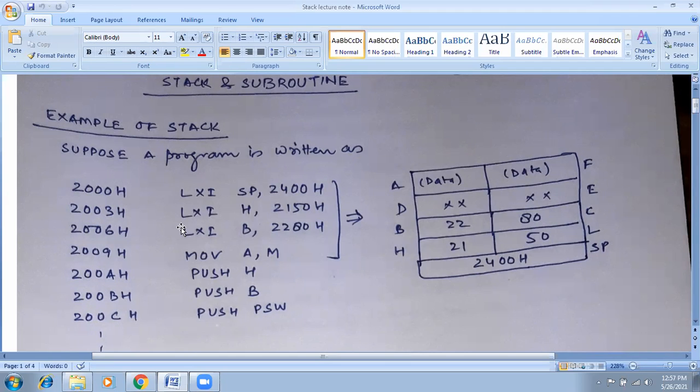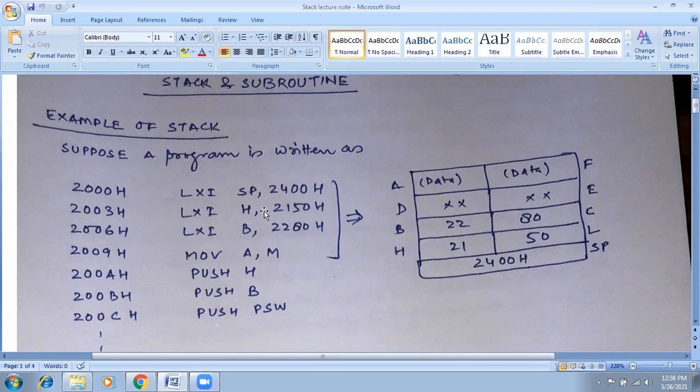The next instruction is written at 2003, and that is LXI H 2150. This instruction is going to load 2150 in the HL register pair immediately, meaning thereby the H register will contain 21 and the L register will contain 50.